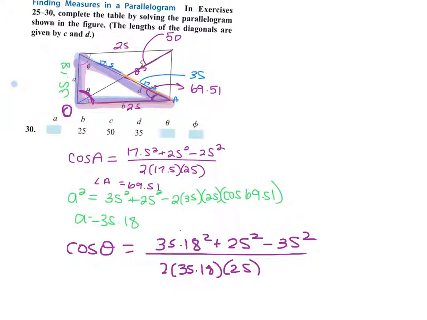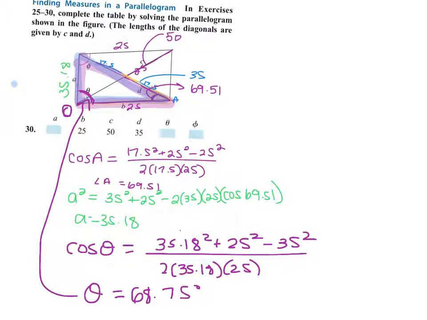So second cosine, group my numerator together, 35.18 squared plus 25 squared minus 35 squared, over 2 times 35.18 times 25. So that's that bottom angle.